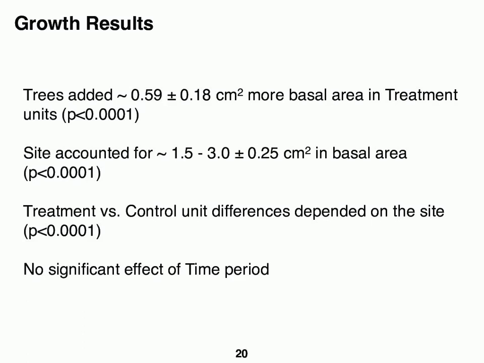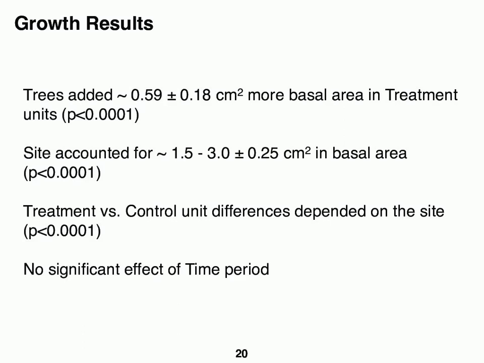Okay, so some results. This is from 4 of my 5 treatments. Treatment did have an overall effect, but it was a much smaller effect than site alone. So there were site differences that had a bigger effect, and I'll break this down in a minute.